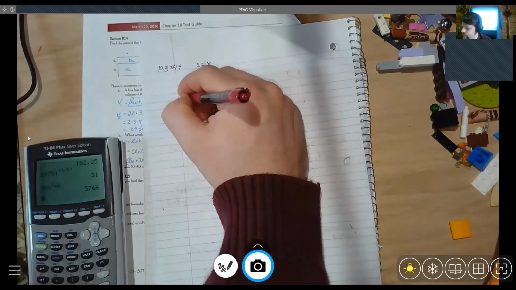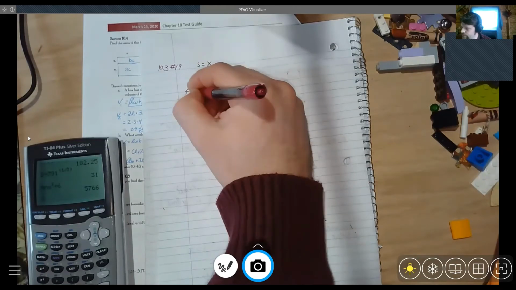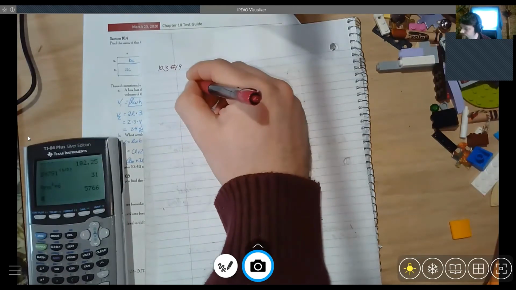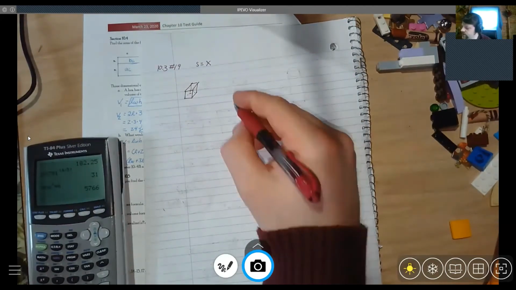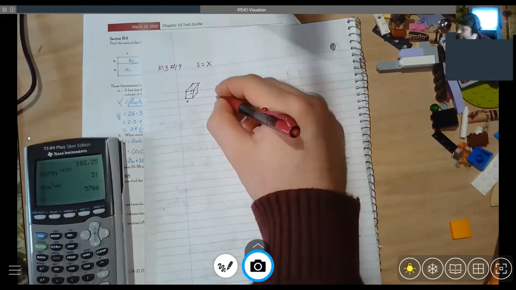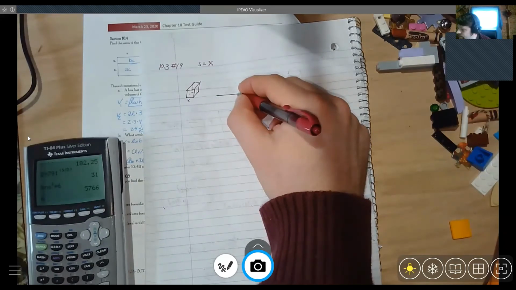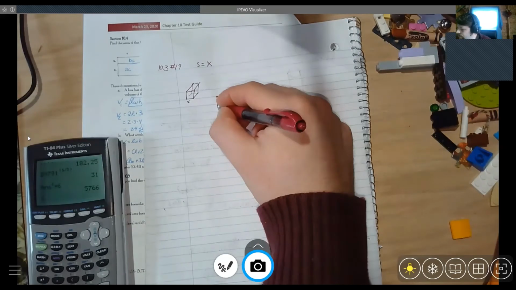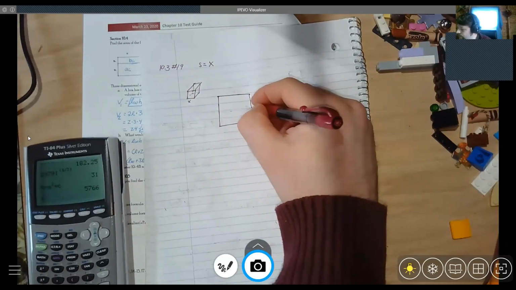So here's my small cube. You can imagine maybe that's a cube. Now, we said that's x, and then you've got another one that's 4 times the side length.